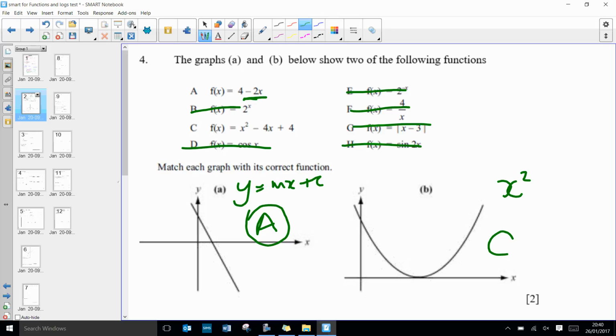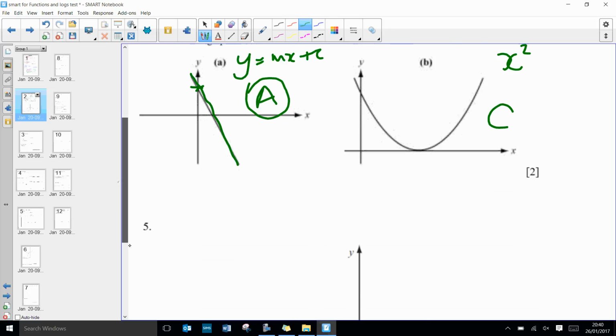So the 4 obviously is up here and it's a downhill slope which links in with a negative gradient, and this is the only quadratic, so therefore that's the only parabola. Okay, moving on.